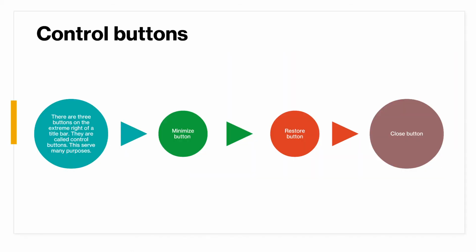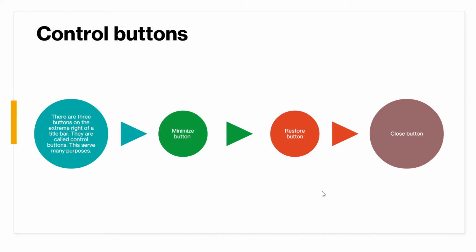Next are the control buttons. There are 3 buttons on the extreme right of the title bar. They are called control buttons. They serve many purposes. What are these buttons? Minimize button, restore button, and close button.